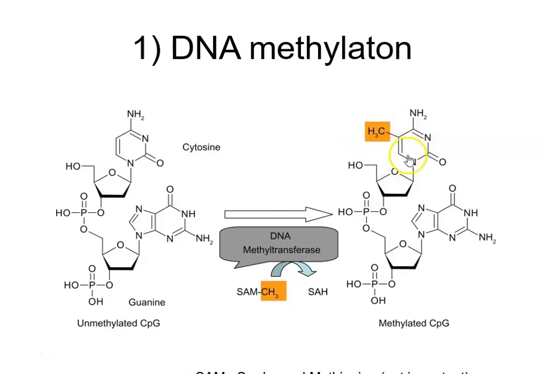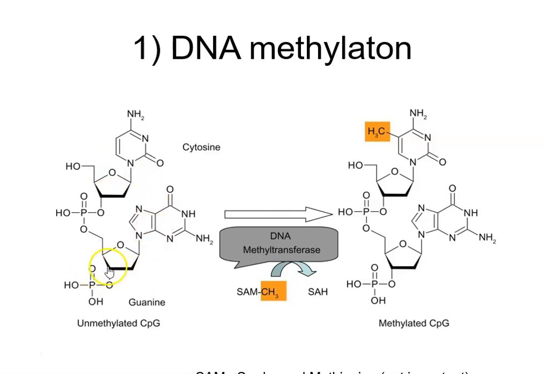So this is methylated DNA, this is unmethylated DNA. And this here is S-adenosyl methionine, which you don't need to worry about at this stage. All you need to know is that DNA methyltransferase adds on the methyl groups at cytosines.